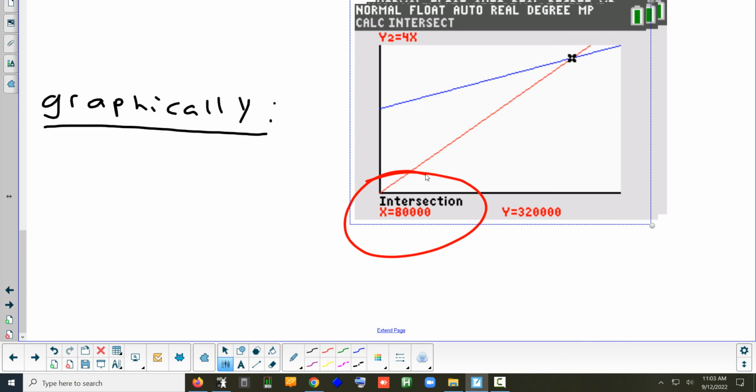What will be your revenue if you sell 80,000 shirts? 320,000. It'll be exactly the same. So this is your costs, and the red one was your revenue. Any questions on solving that graphically? Okay.